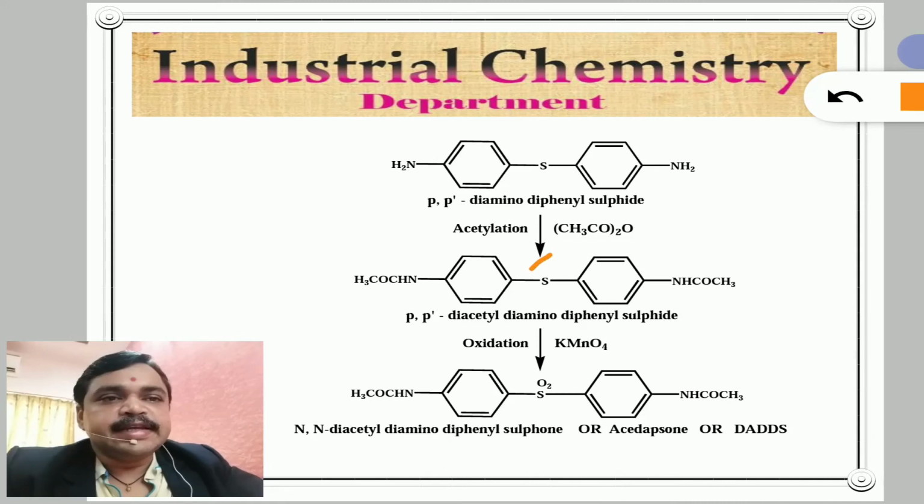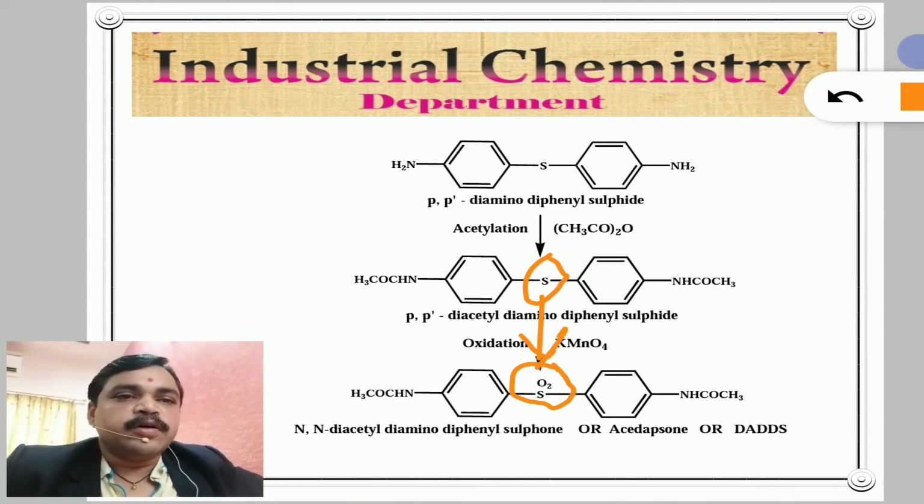Here S is converted into SO2. So, in presence of KMnO4, sulfide is converted into sulfone, and finally we get N,N'-diacetyl diamino diphenyl sulfone.